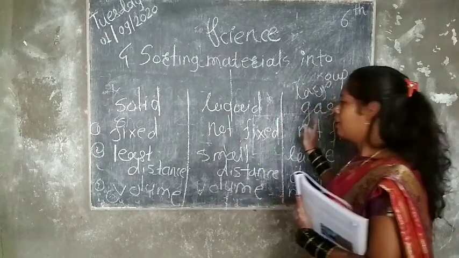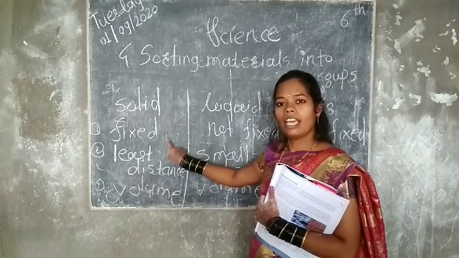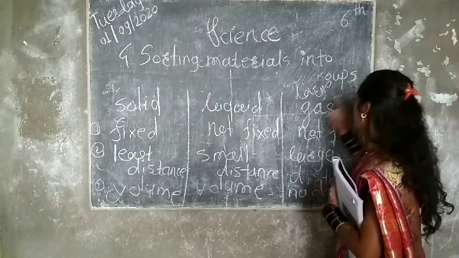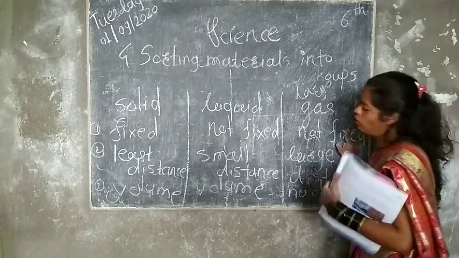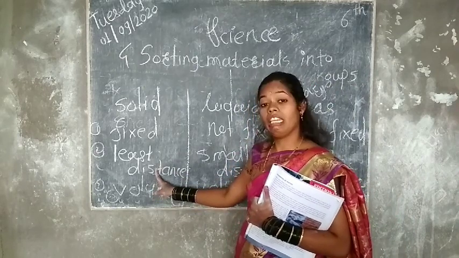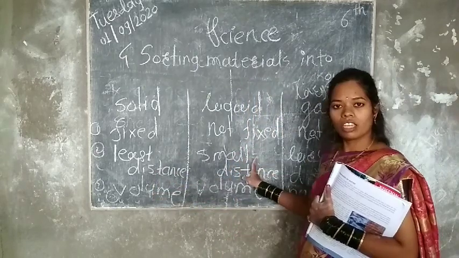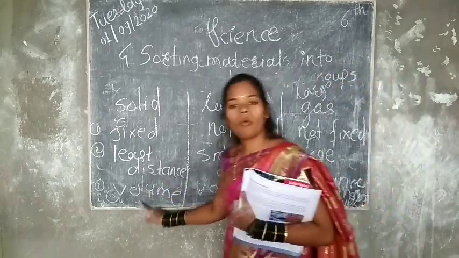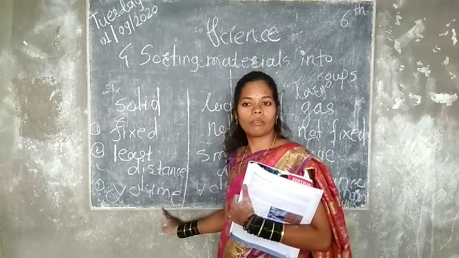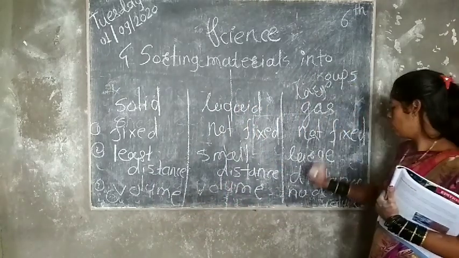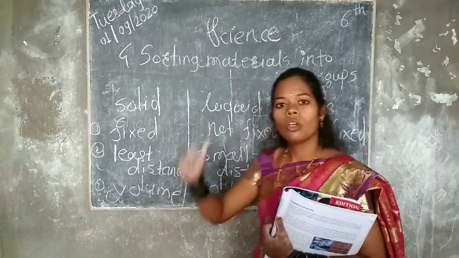Solid, liquid, gases. See, solids have a fixed shape. Liquid doesn't have a fixed shape. Gas obviously is not fixed. The molecular distance is least in solids, small in liquids, and a very large, huge distance in gases. Volume: yes, solid has a definite volume, liquid has a definite volume, but gases have no definite volume.